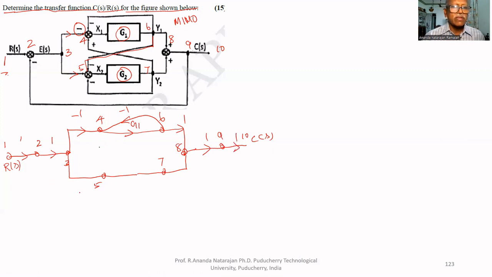From 3 to 5, the sign is not mentioned. Let us take it as positive. Therefore, this is +1.